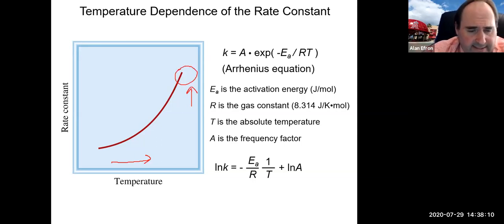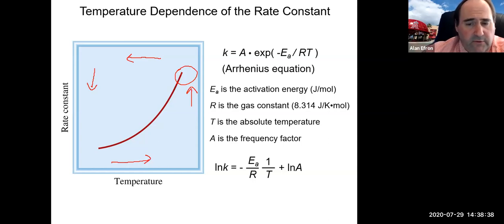So we see what we expect: if we increase the temperature, typically the rate of the reaction will increase as well. You can go the opposite way too: if you decrease the temperature, you see a decrease in the rate constant, and the rate of a particular reaction will come down. This is the relationship if you graph k versus T.